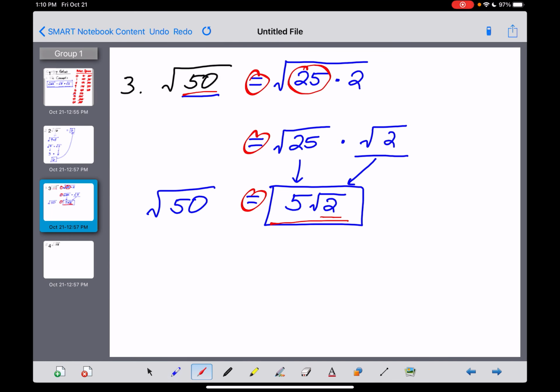So really what this tells us there, guys, is that both the left side and the right side have the exact same decimal value. And maybe that puts your mind at ease a little bit that the square root of 50 is in fact equal to this. Okay, so that's how you would do something like the square root of 50.